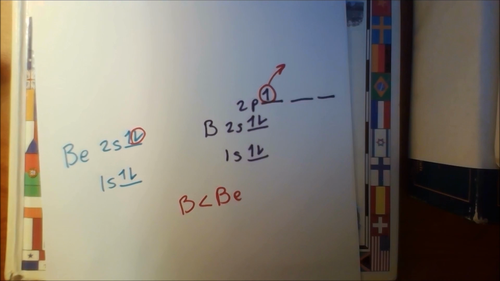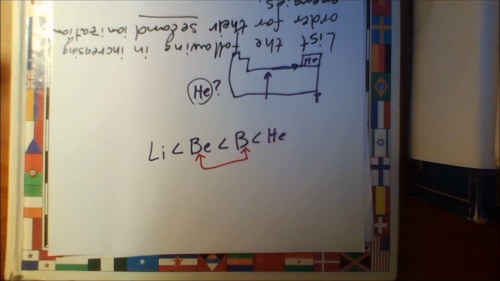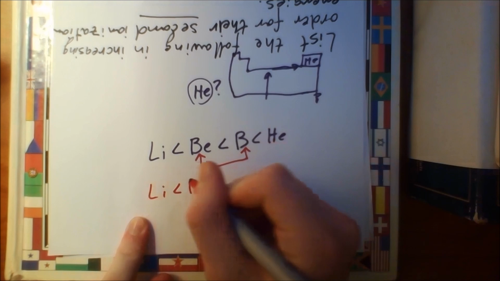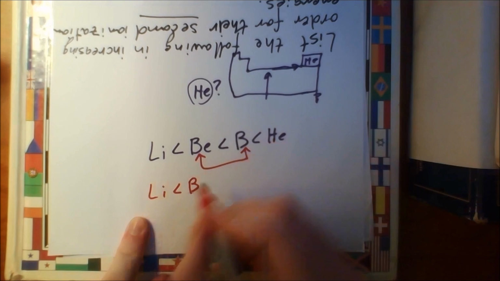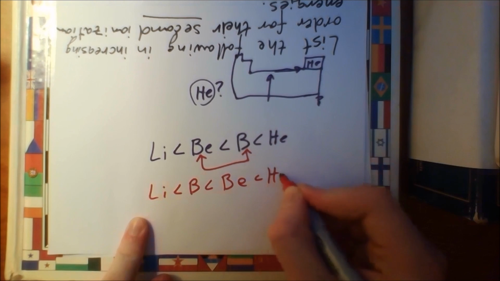So if we go back to our analysis, we'll make the correction here. Not our final answer, but closer to our final answer: lithium is less than boron, is less than beryllium, is less than helium.